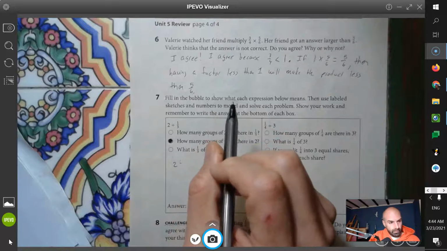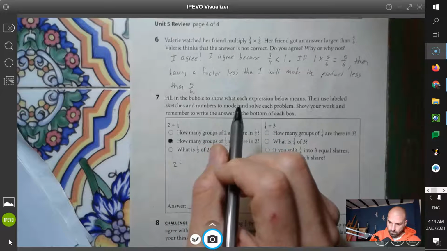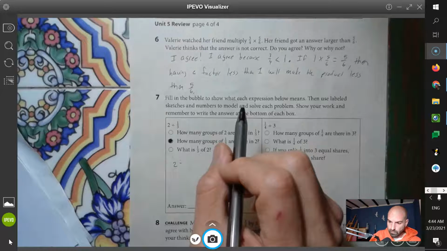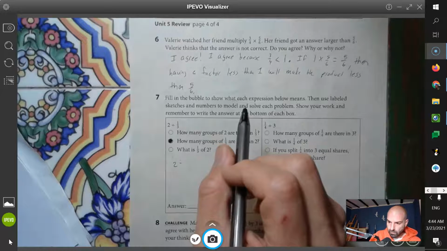What would be the best way to solve this one? I mean, I always like the number line. It's like my favorite one. I'm trying to think of a better way to do this, though.